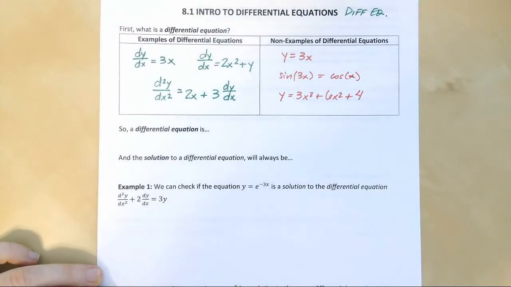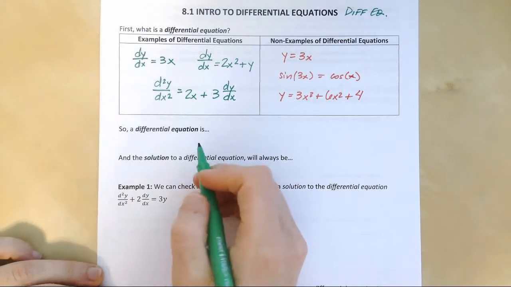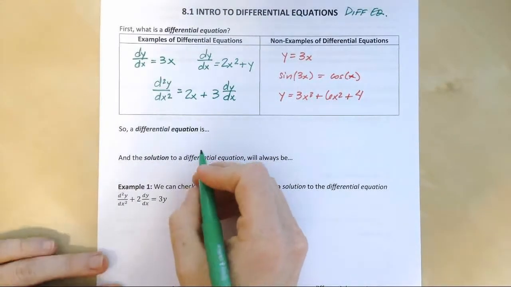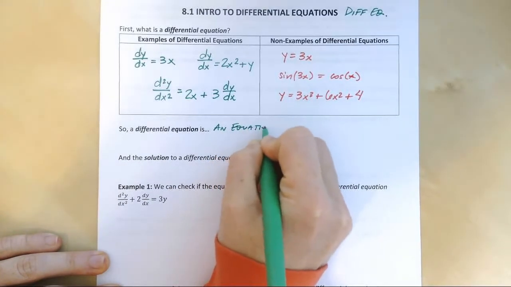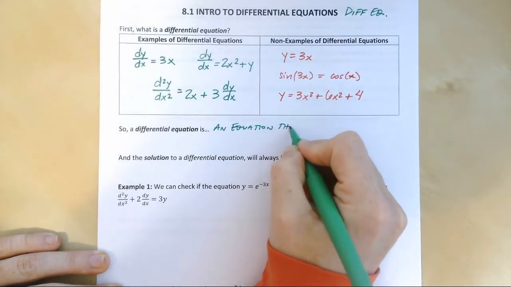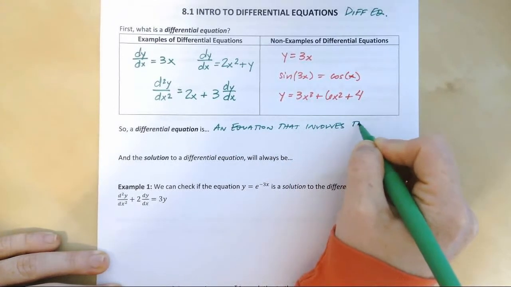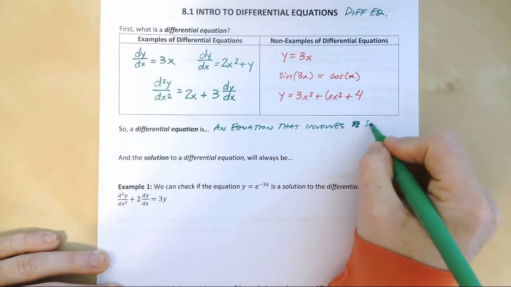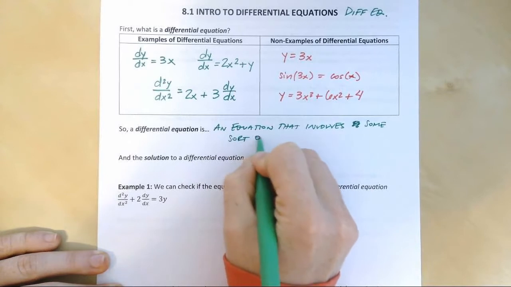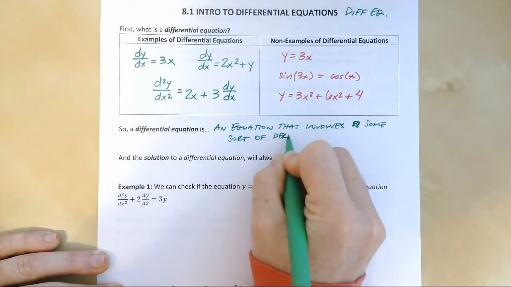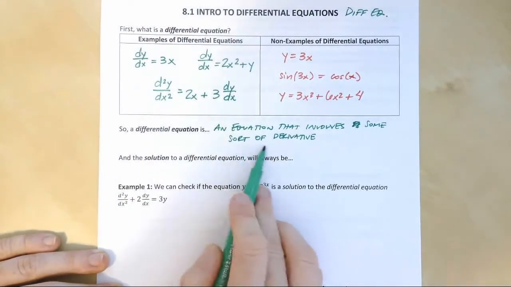Okay, so now let's get an informal definition of what even is a differential equation. A differential equation is an equation that involves some sort of derivative.